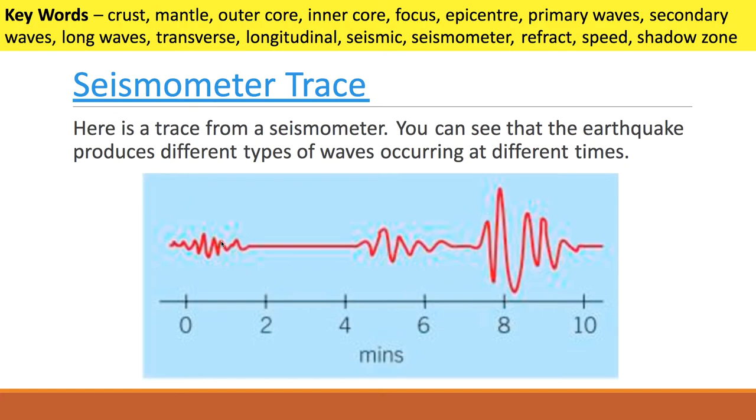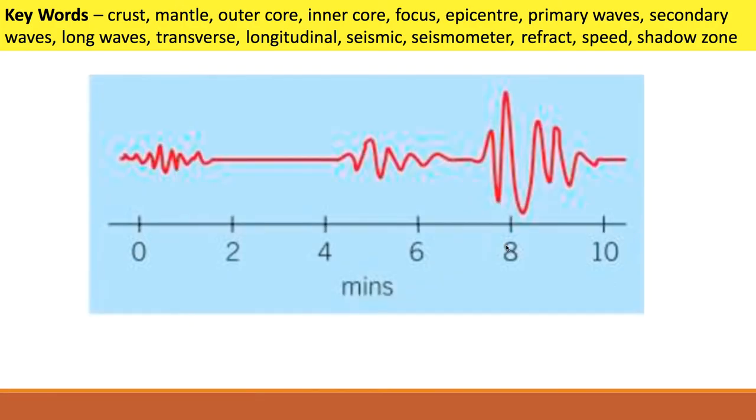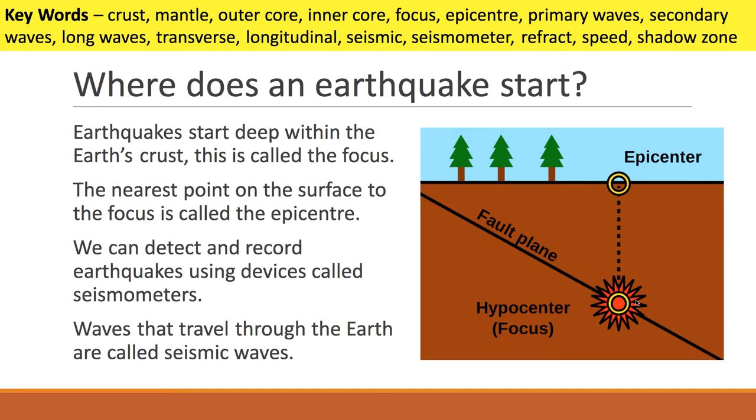Initially, P waves, then S waves: primary, secondary, and then the L waves. So the L waves come last, but they're all produced at the same time. That's the important thing. So if we went back to here, all three waves are being produced at the same time. P waves get here, then the S waves get here, and then the L waves.